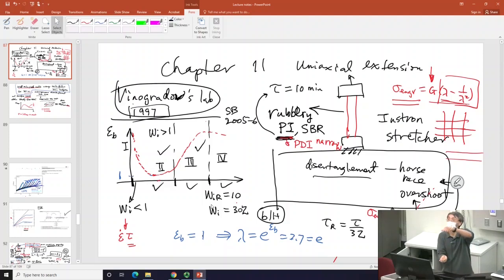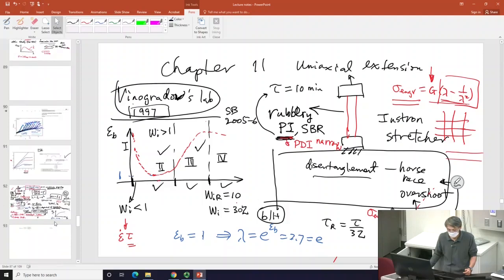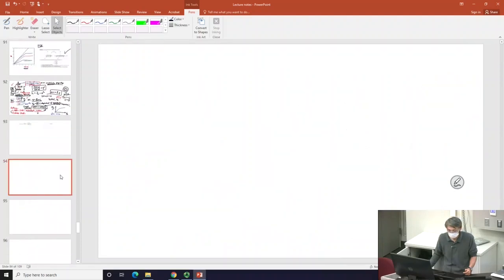You draw, it doesn't stay uniformly drawn.